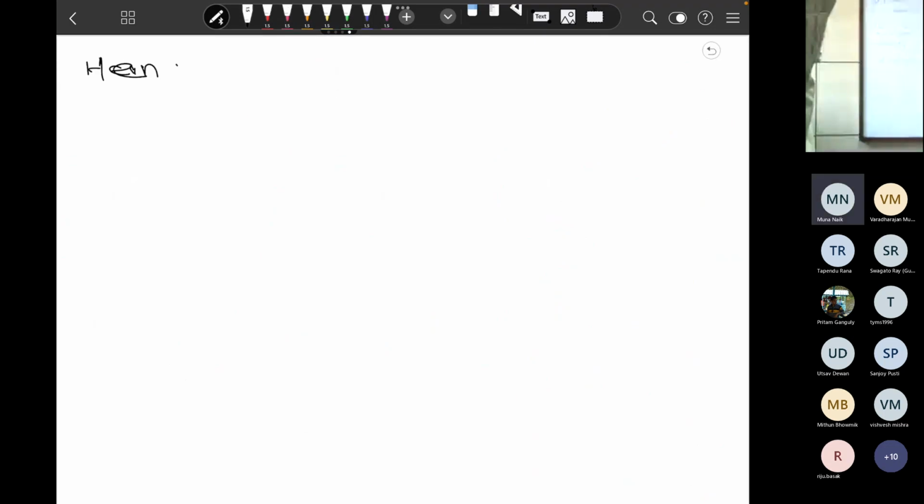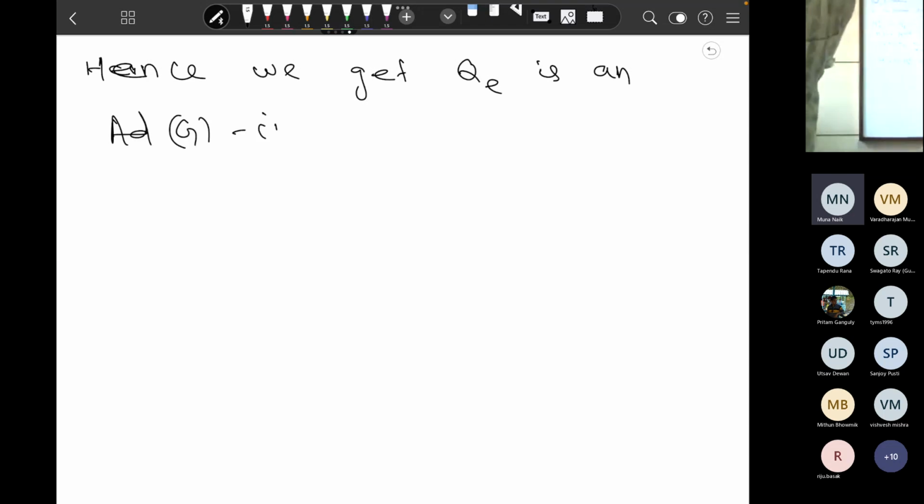And so you get that Q_E is an R_G invariant inner product.